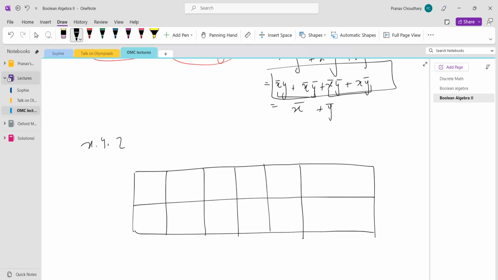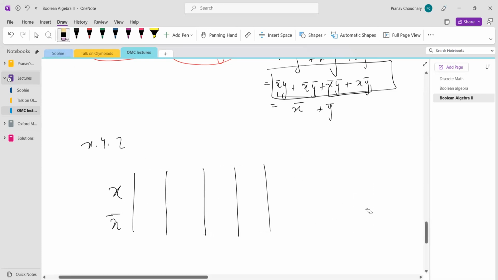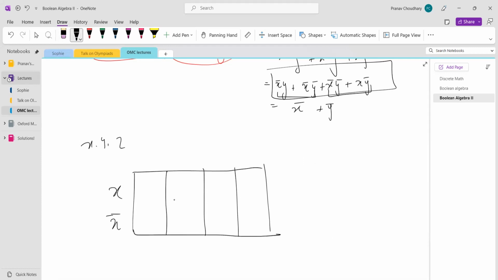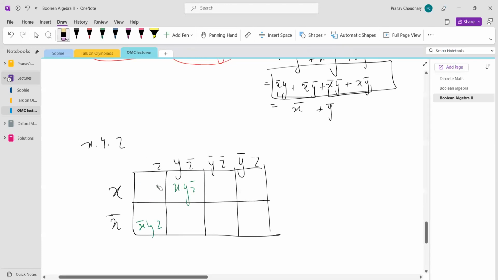You consider X and X conjugate in the rows, and in the columns we consider YZ, YZ conjugate, Y conjugate Z conjugate, and Y conjugate Z. Then each square represents XYZ, X conjugate YZ, XYZ conjugate, and so on.